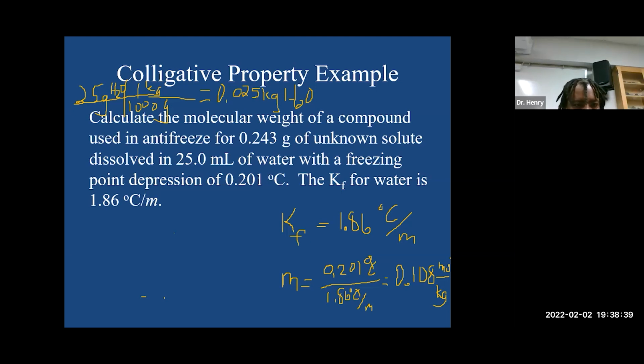So we'll take our 0.0250 kg, kilograms, and we multiply that by our molality, which is going to be 0.108 moles per 1 kg.